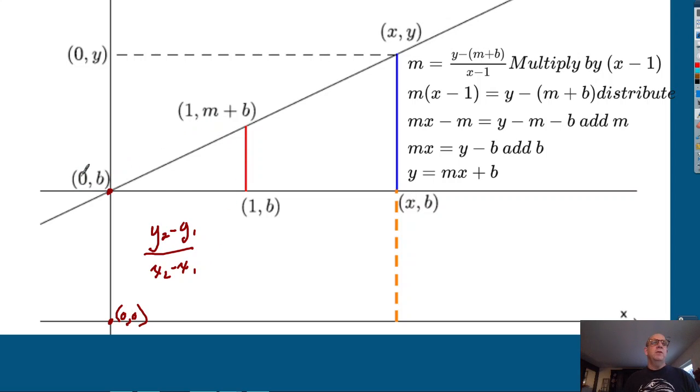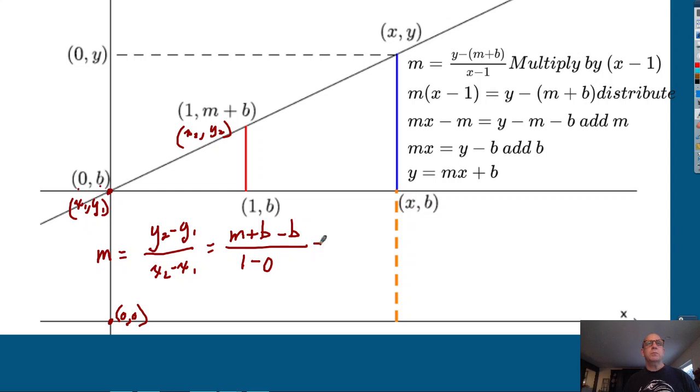So if this is x1, y1, and this is x2, y2, then our slope is m plus b minus b over 1 minus 0. Well, m plus b minus b is m, plus 0, or just m, over 1, which is our slope.